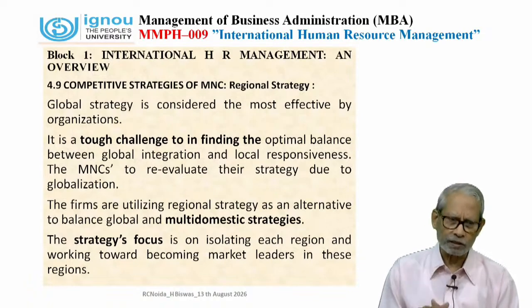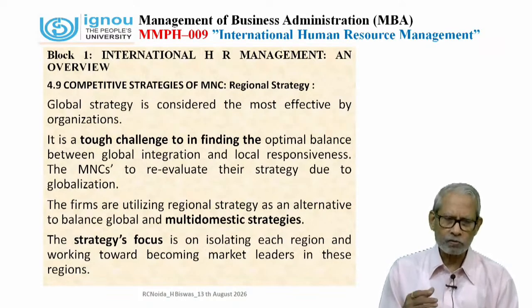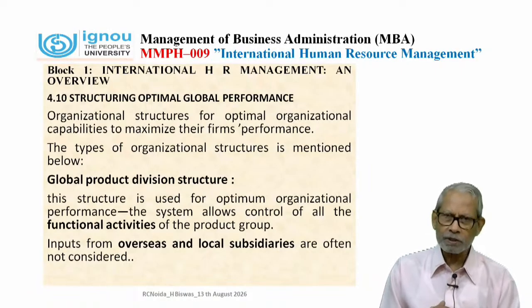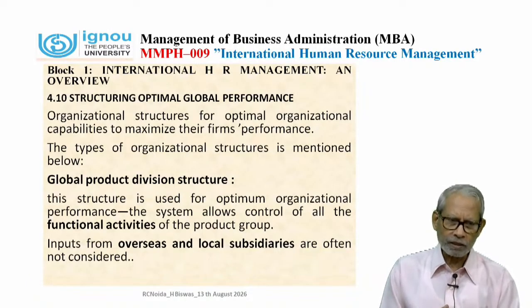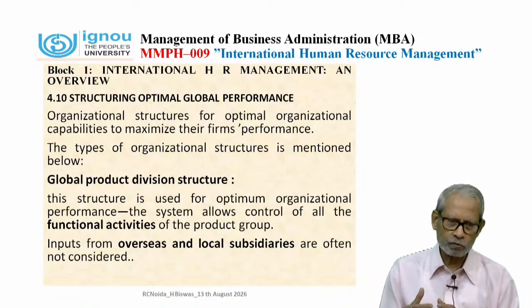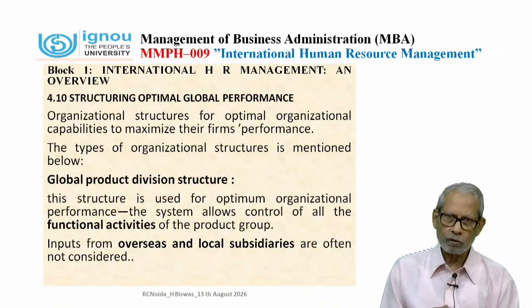What are the variations? The strategies focus on the isolation of each region and working toward becoming market leaders in these regions. Then optimal organizational capabilities, maximization and firm performance are to be looked after. The types of organizational structures mentioned below: one is the global product division structure, where you have to see the functional activities should be robust and systematized, and control should be there.